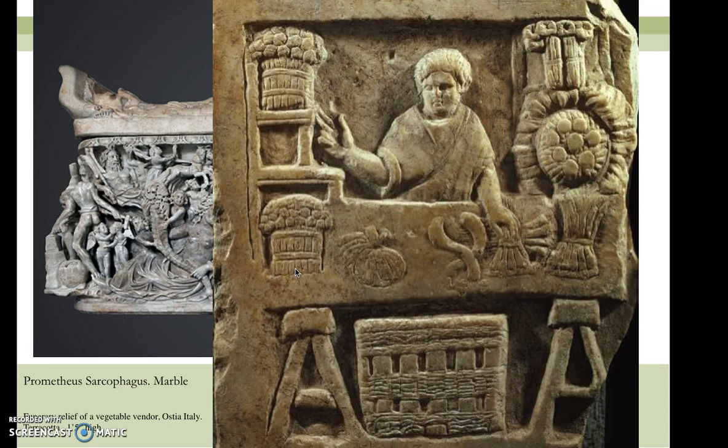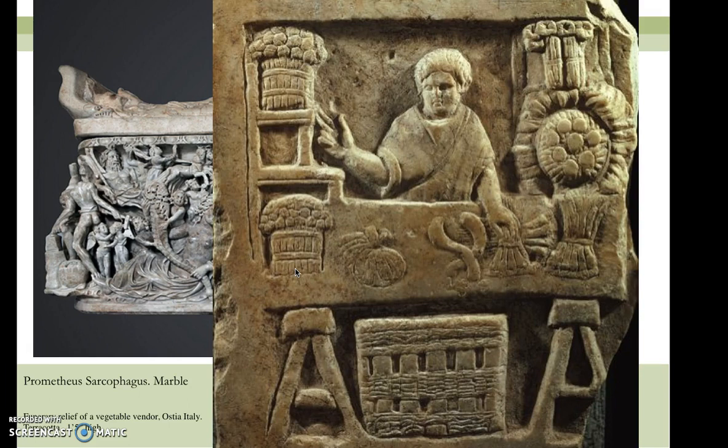So in a city like Ostia, Rome's harbor city, you would see tombs that were brick-faced concrete, and you might have multiple members of the family buried in the tomb together, and these tombs looked similar to the apartment blocks that average citizens would have lived in.